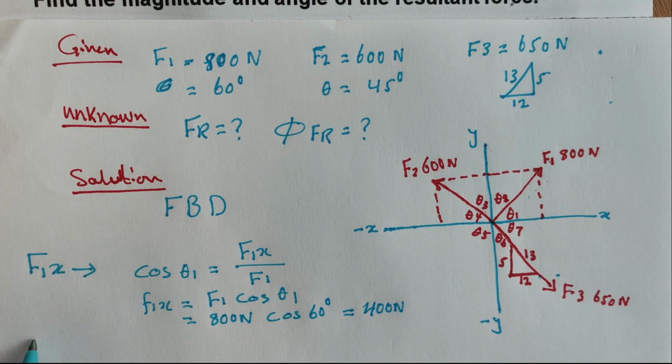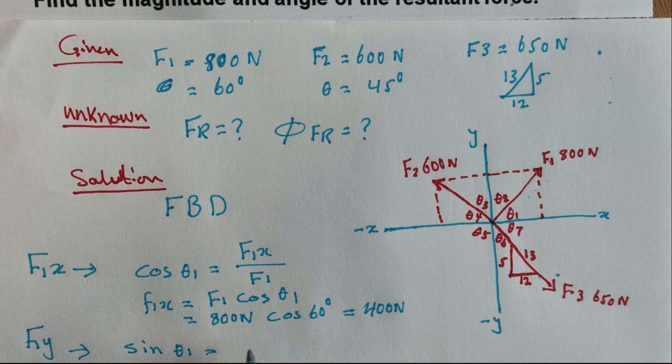For F1 in the y direction, sine theta 1 equals F1y divided by F1.